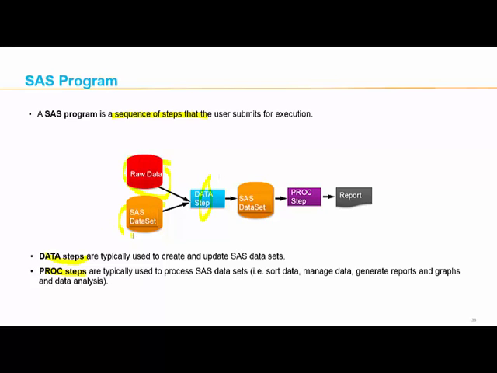In the data step we create a SAS dataset, and we use some procedures to generate reports. They explain the same thing here: a data step is typically used to create and update SAS datasets, whereas a proc step is used to sort, manage, generate reports, produce graphs, and perform some analysis on your table.